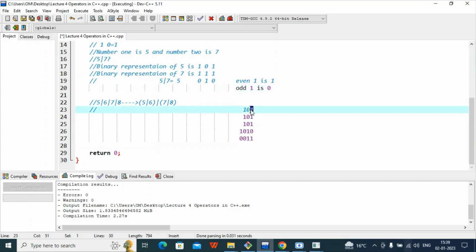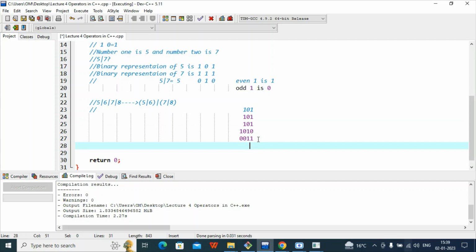In this example, count the ones. 1, 2, 3, 4. How many ones are there? 4. It means there are an even number of ones. That's why I put a 0 here.